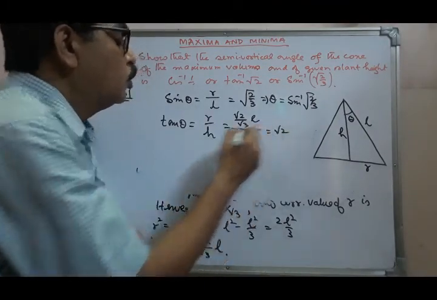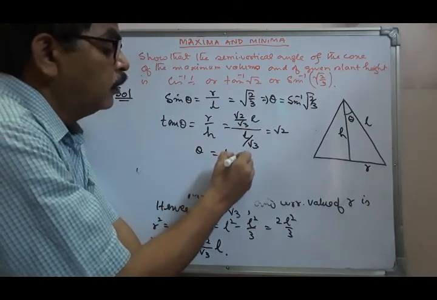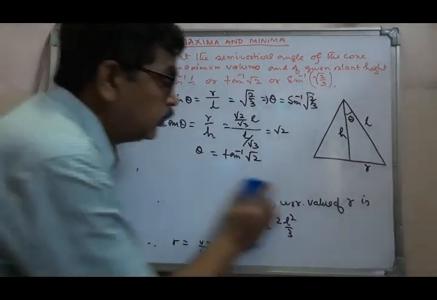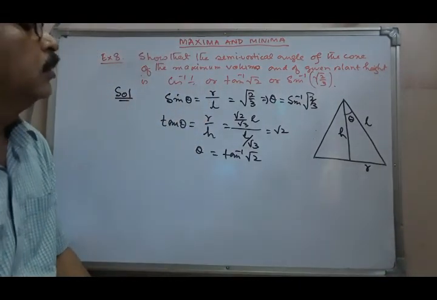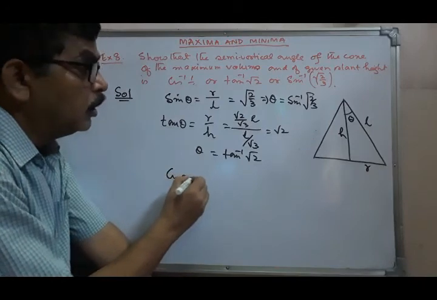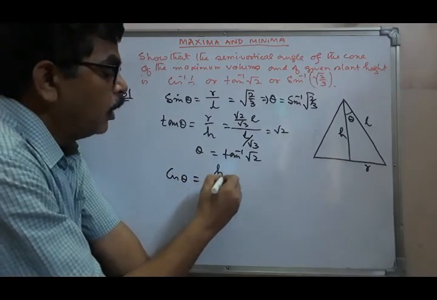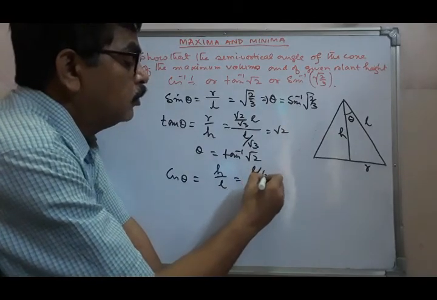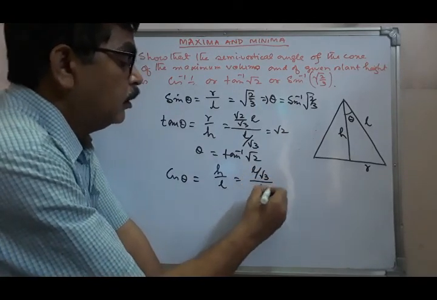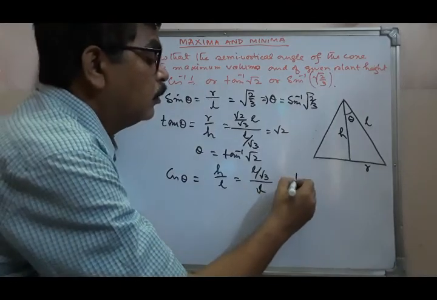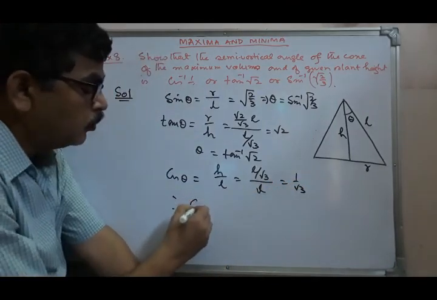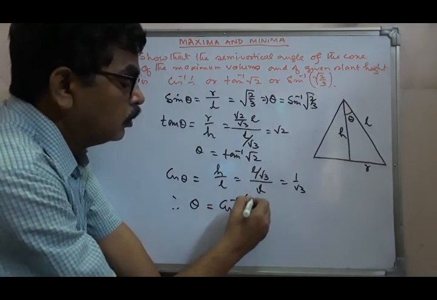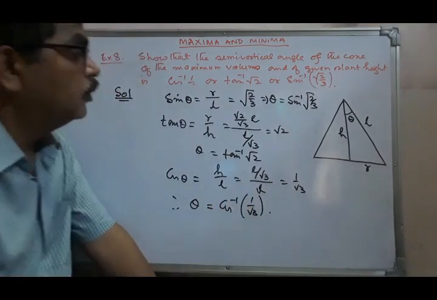It means root 2. So semi-vertical angle theta is tan inverse root 2. Further, cos theta equal to h by L, L by root 3 by L, 1 by root 3. Therefore semi-vertical angle theta equal to cos inverse 1 by root 3. Proved.